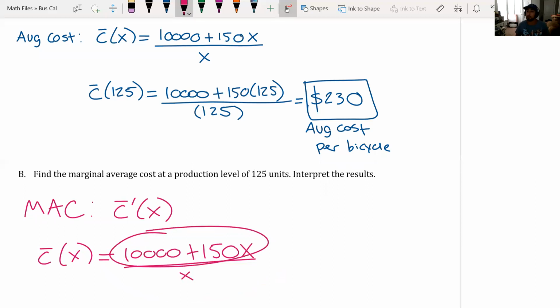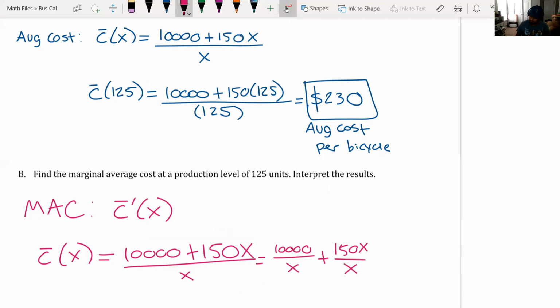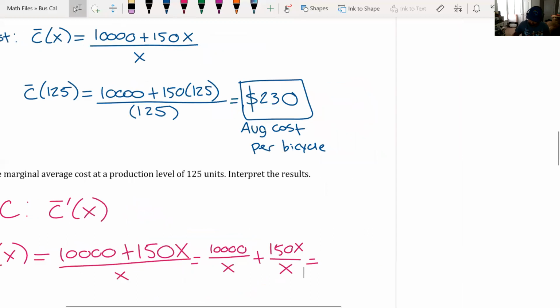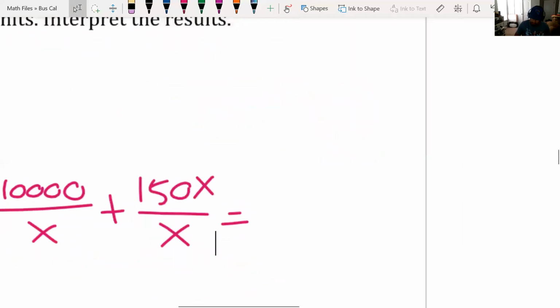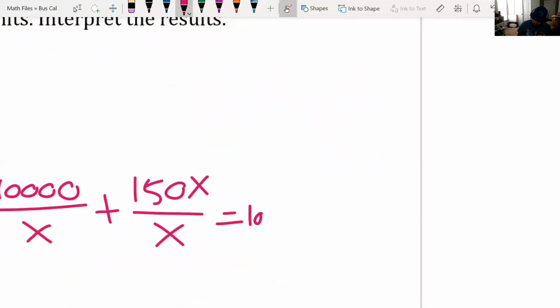We have two terms in the numerator, which means we split it into two fractions. 10,000 over x plus 150x over x gives me, zoom in here, 10,000x to the negative 1 plus 150.